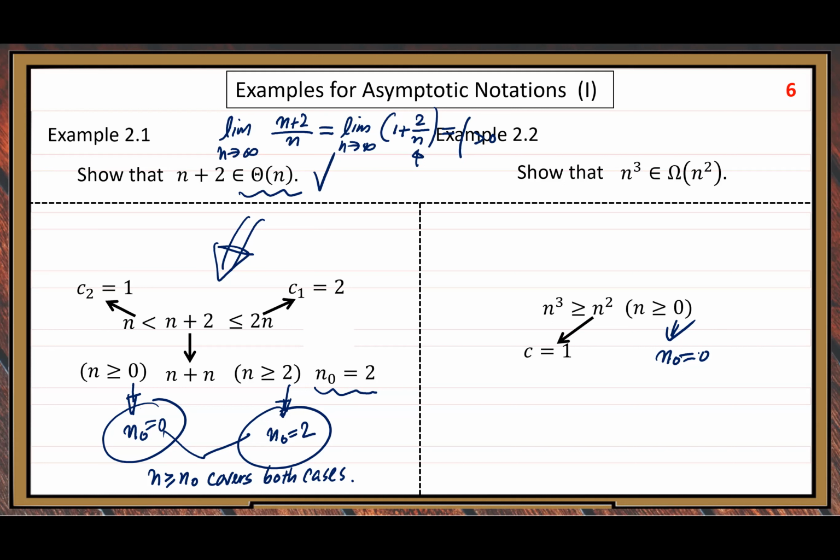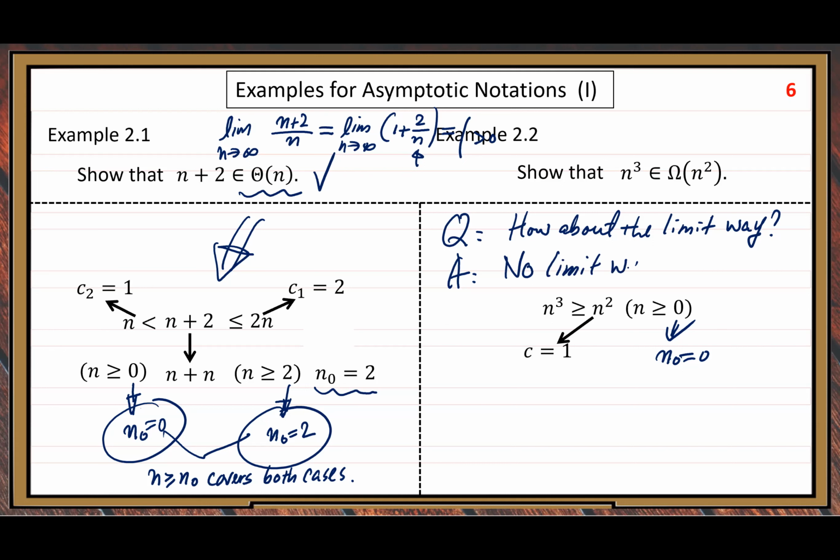But here the question: how about the limit way? The answer: no limit way for this case.